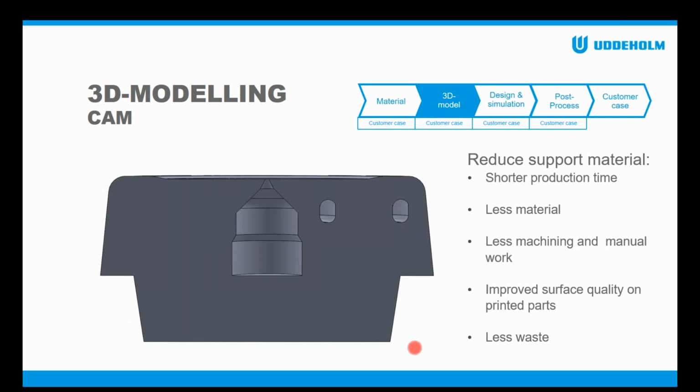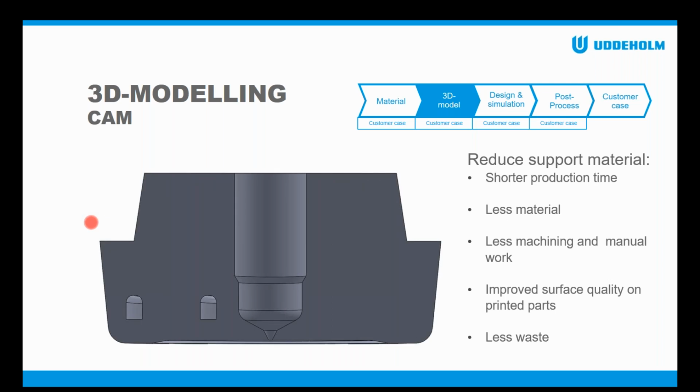Another example for this part is that instead of adding a lot of support material, you could just orient the part upside down and then add this hole, because that will be there anyway, and then you could print it directly without adding any support material. I'm not trying to do anything complicated here.